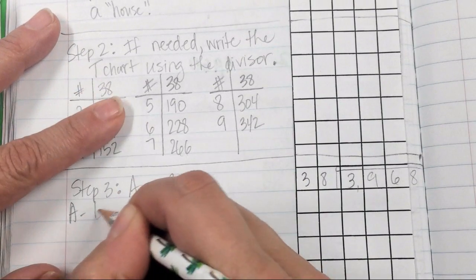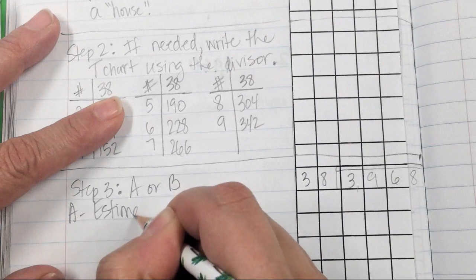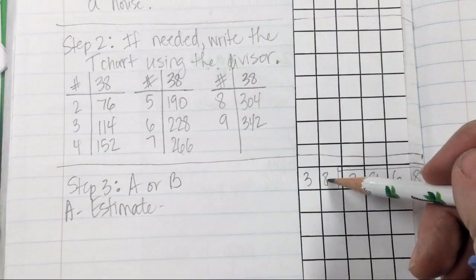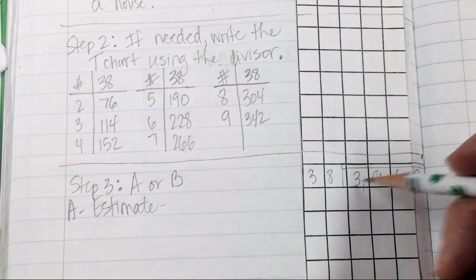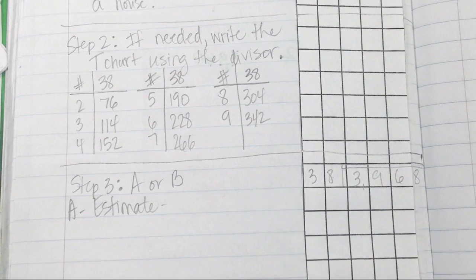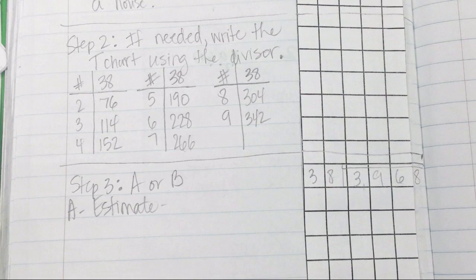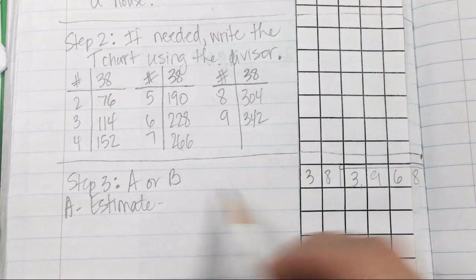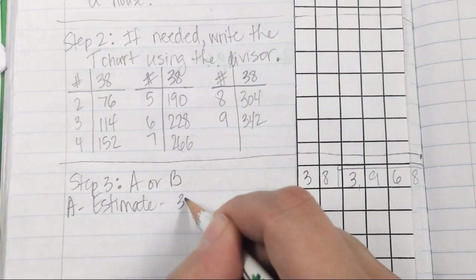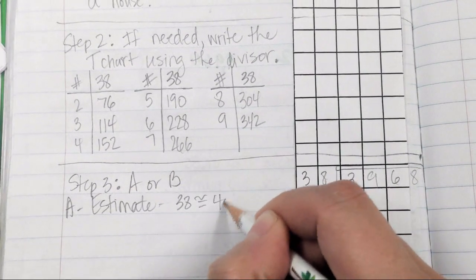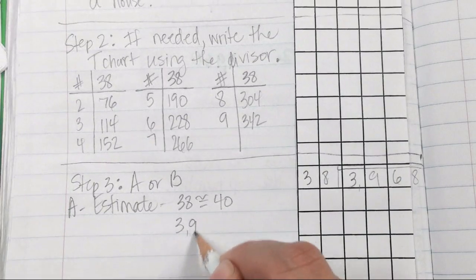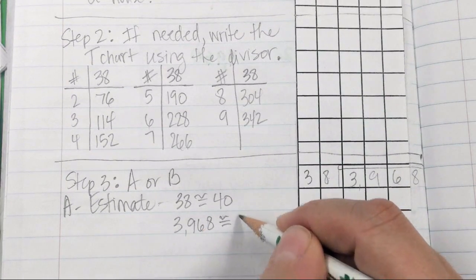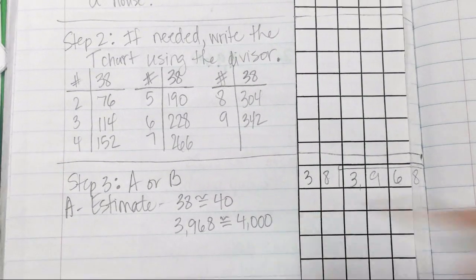A, you can estimate, like the guy did on the video. He turned this 38 into 40, and his number 2,394, he turned it into 2,400. Y'all remember that from the video? You can estimate, so then 38 is going to estimate to 40, and 3,968 is going to estimate to 4,000, actually.